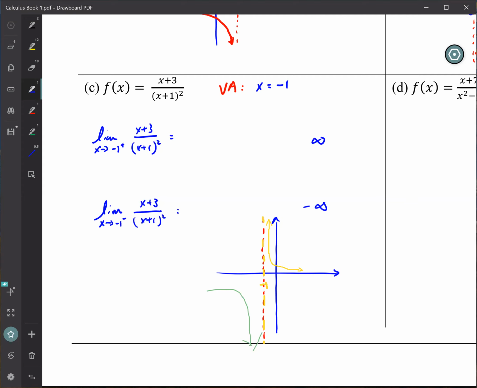I have a different one. Okay. What kind do you have? They're both positive. Both of them positive. So positive infinity, positive infinity. Okay. How about Joan? I got the first answer, so from the right it's positive and from the left it's negative.